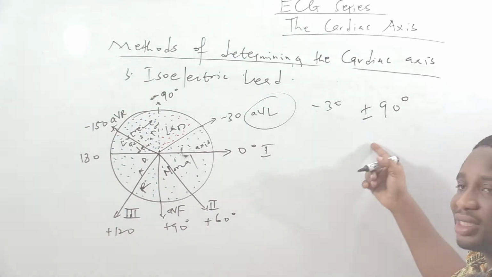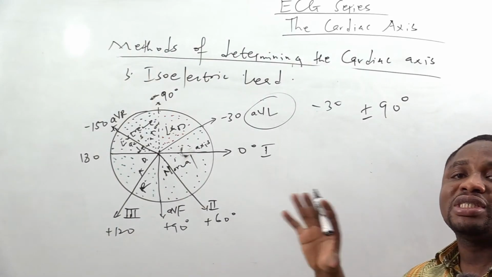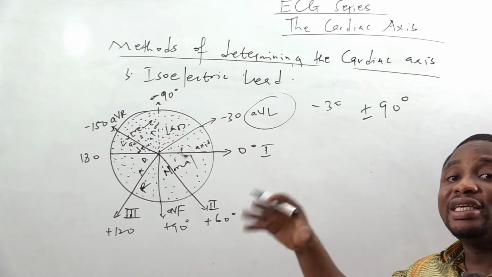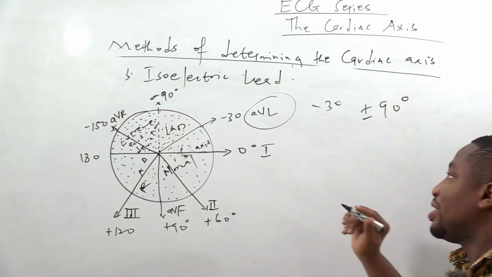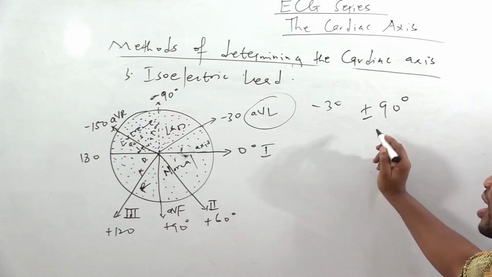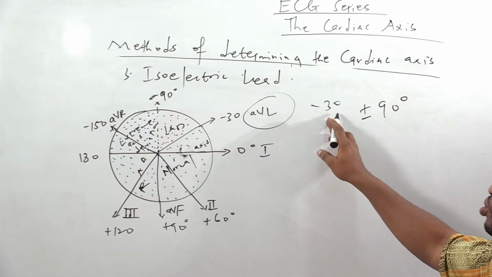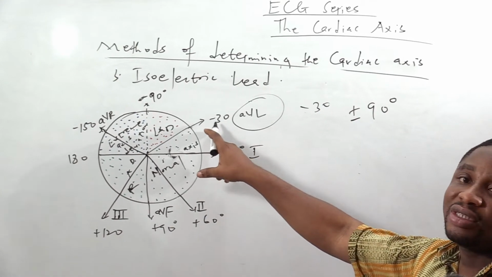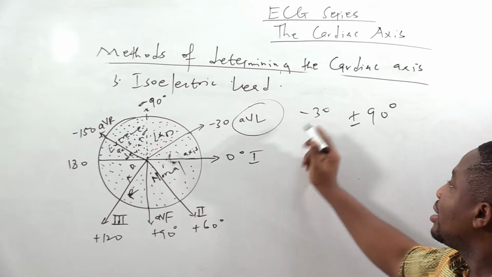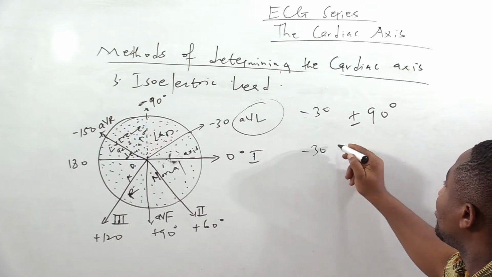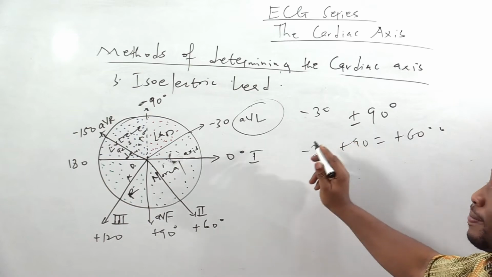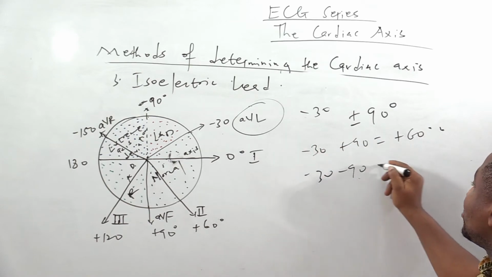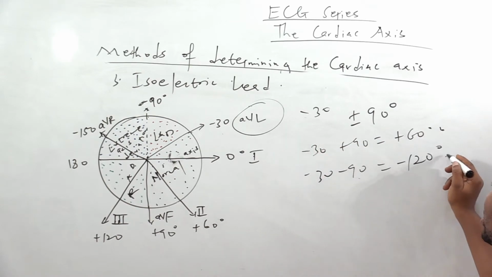Before you do this, you should have found all the positive leads, that is, the leads which have a positive QRS in them. When you finish doing that, you will now add plus or minus 90 to the degree of the isoelectric lead. Minus 30 plus 90 will give us what? Plus 60 degrees. And minus 30 minus 90 will give us what? Minus 120 degrees.